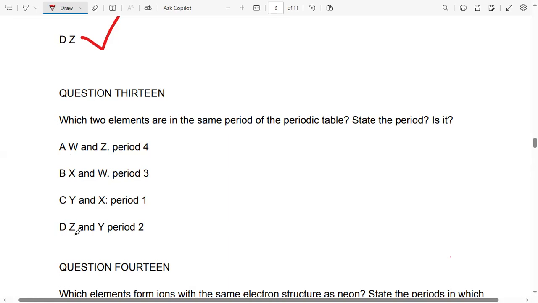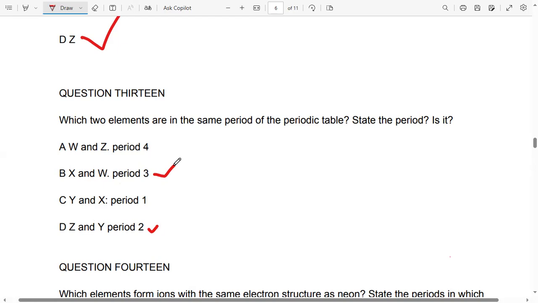So Y and Z are in the same period, and it's period 2. So we can pick these. And then here B, we have X and W, which are in period 3. So we can also pick these. So you can pick one of the 2 answers there. I don't know why they put 2 answers there.